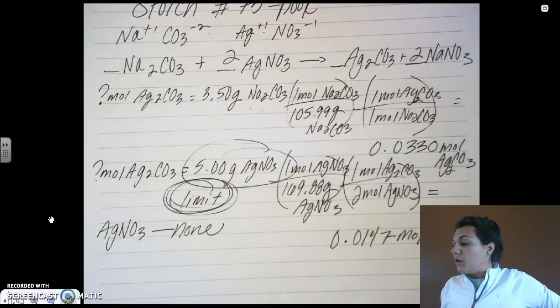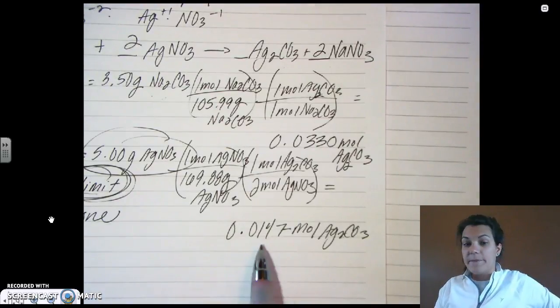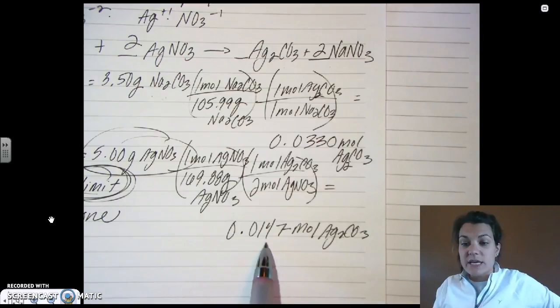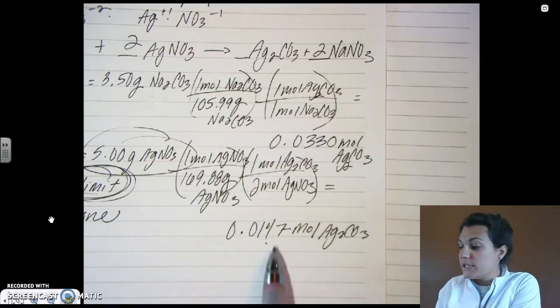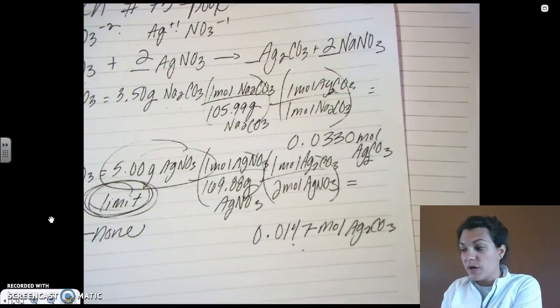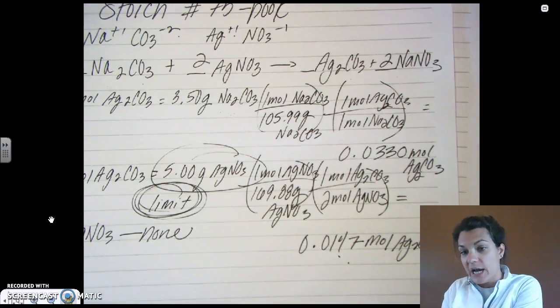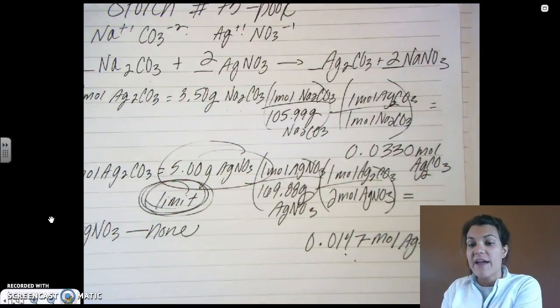Okay, so the first thing that I'm going to do is take this number. After you figure out who's limiting, that number is used for every other conversion. So now I'm going to use this number and convert back to the sodium carbonate to figure out how much I actually need from the 3.50.